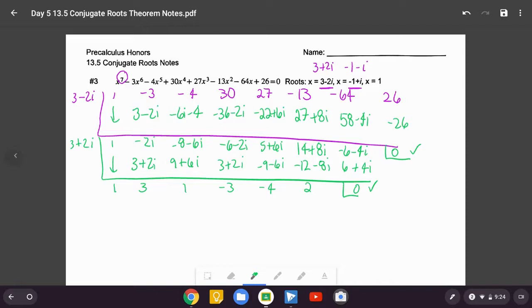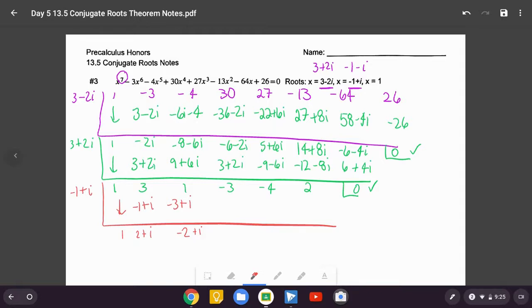All right, so moving on to my next root that they provided for me, they gave me negative 1 plus i. So I'm going to bring down my 1. I get negative 1 plus i. I get 2 plus i. I'm going to multiply this using my calculator, and I get negative 3 plus i. I add together, I get negative 2 plus i.